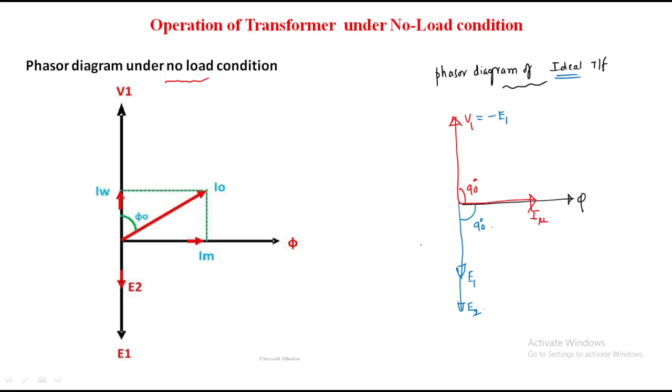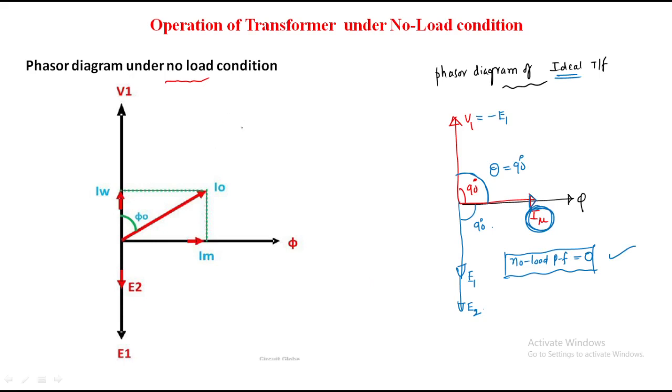So what is the phase angle between voltage and current? The phase angle between voltage and current is 90 degrees. That is the no load power factor, which is equal to 0. No load power factor in case of ideal transformer is 0 because we have only the magnetizing component of current, but in case of practical transformer we don't have only the magnetizing component.